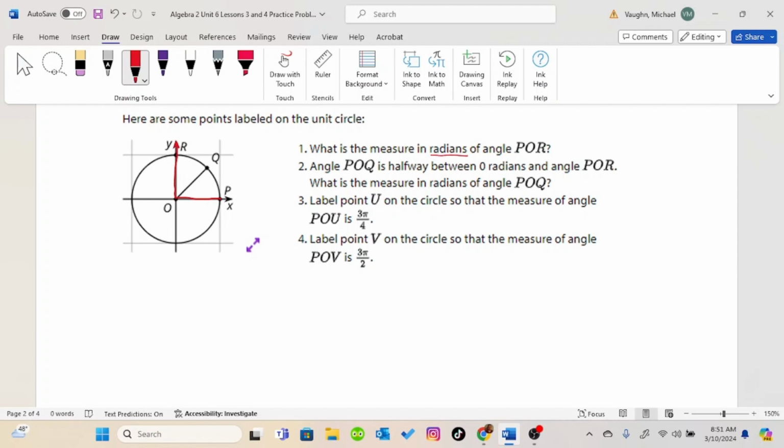So if you remember, half of a circle is pi. And this 90-degree is half of that. So we would say 1/2 times pi is pi over 2. So for number 1, angle POR is pi over 2.